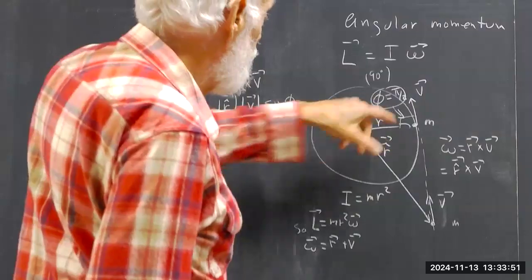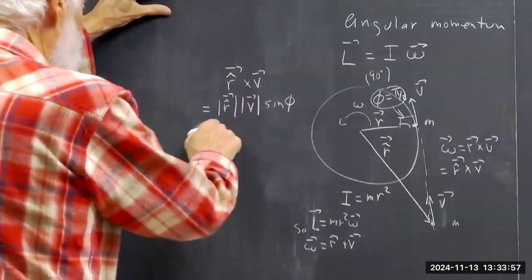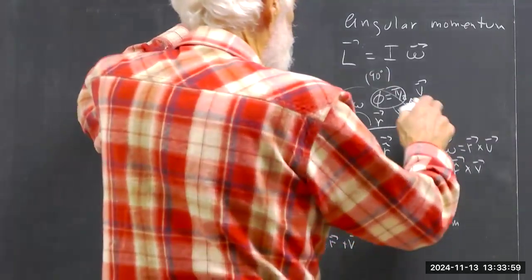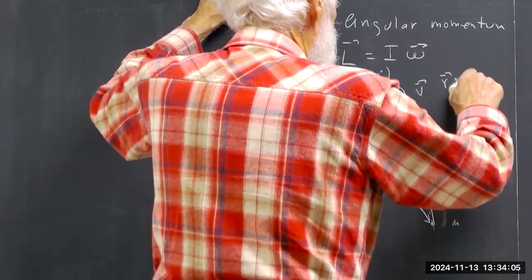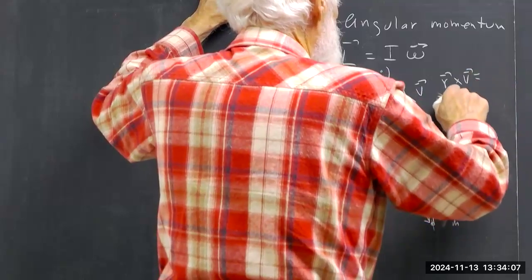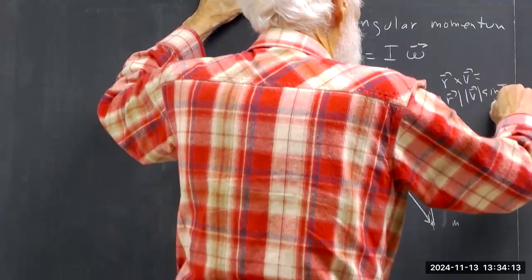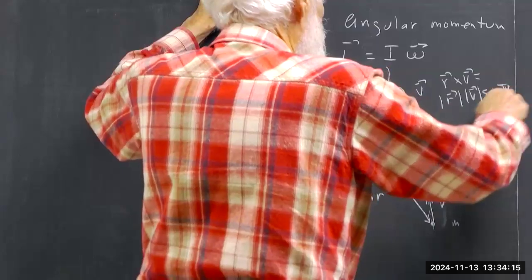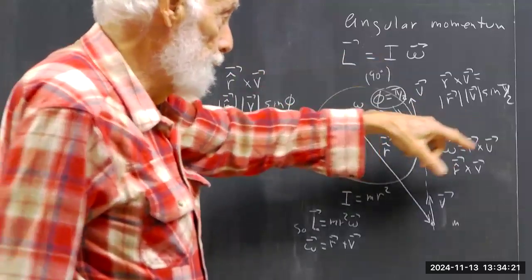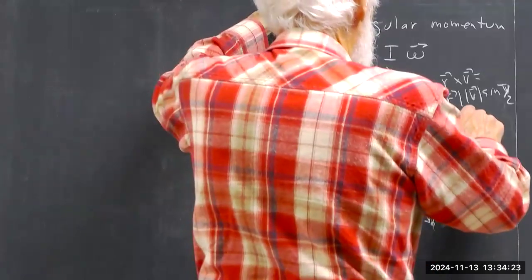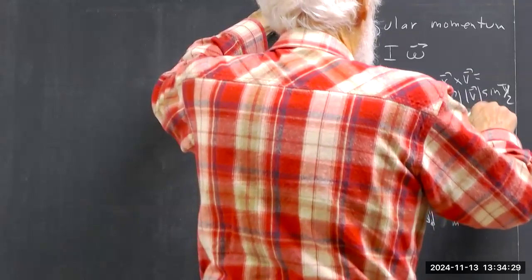Now here, in this position, it's magnitude of R, magnitude of V sine phi, but phi is pi over 2, which is just RV without the arrows.